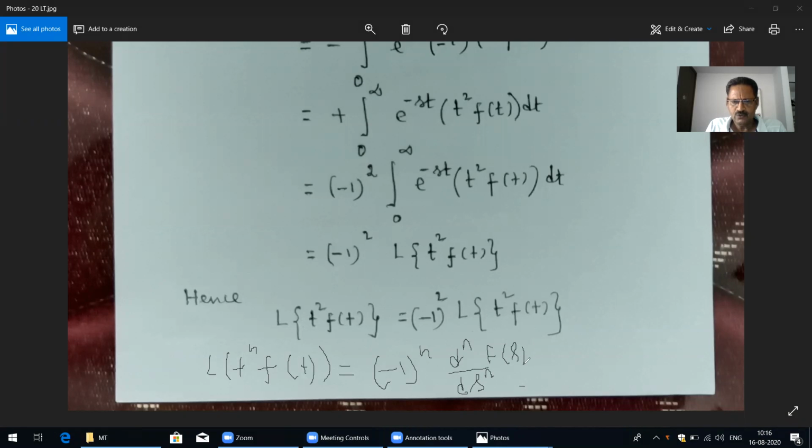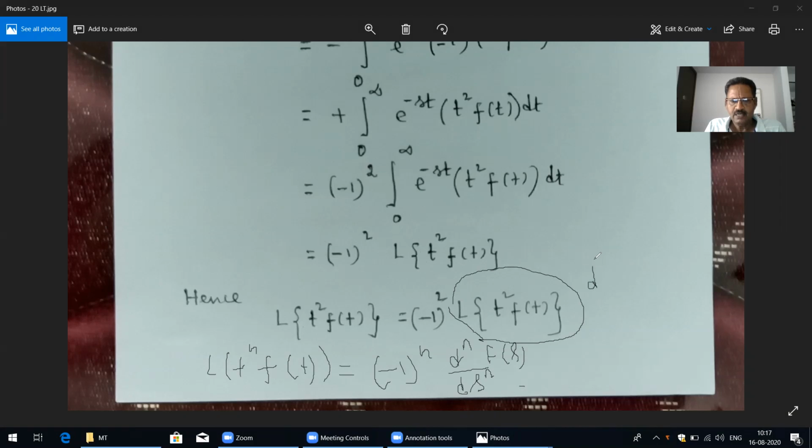So continue the process. When n equal to 2, we are getting it like this: the Laplace transform of t power n f(t) equals negative 1 power n times d power n by ds power n of F(s). What is the left hand side value?